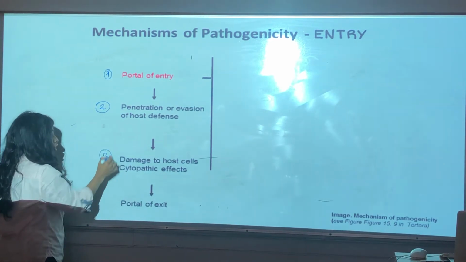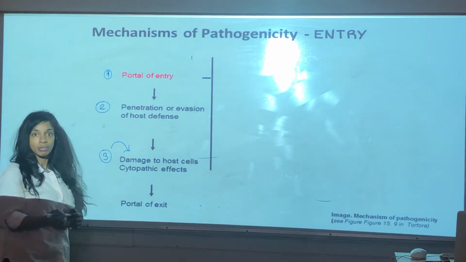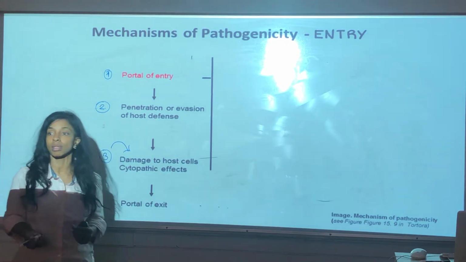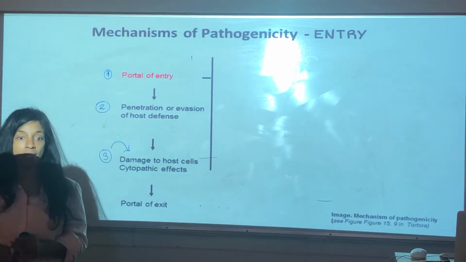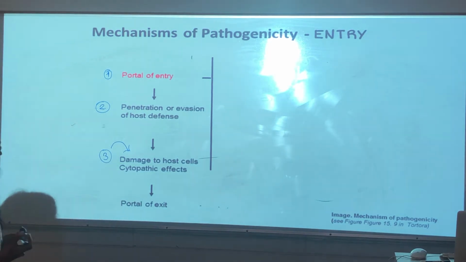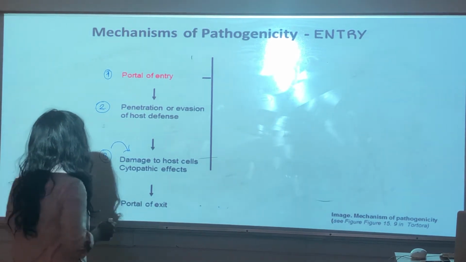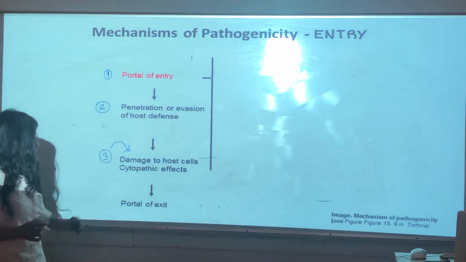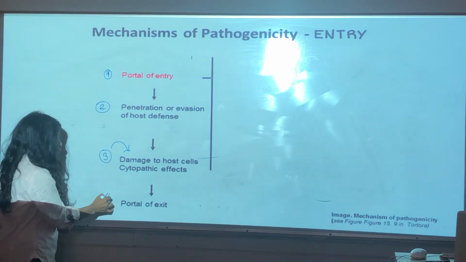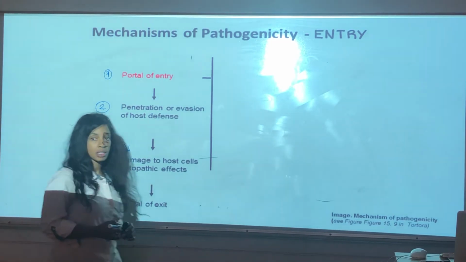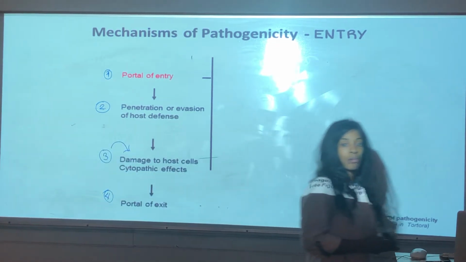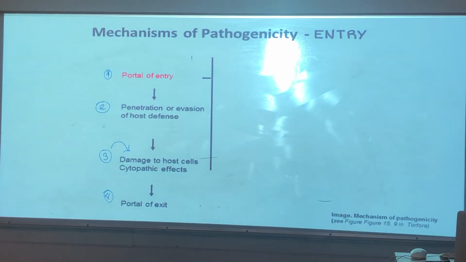So once the damage occurs, this is where you feel it, right? This is when you feel the signs and symptoms associated with the disease, when they are causing injury to you. So how do they do it? What are the methods used? And then the 4th will be the portal of exit. This is what the microorganism is using in order to harm their host.